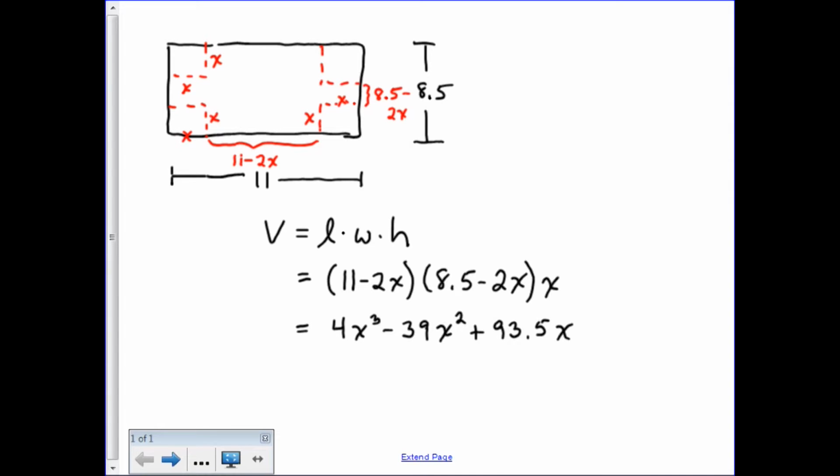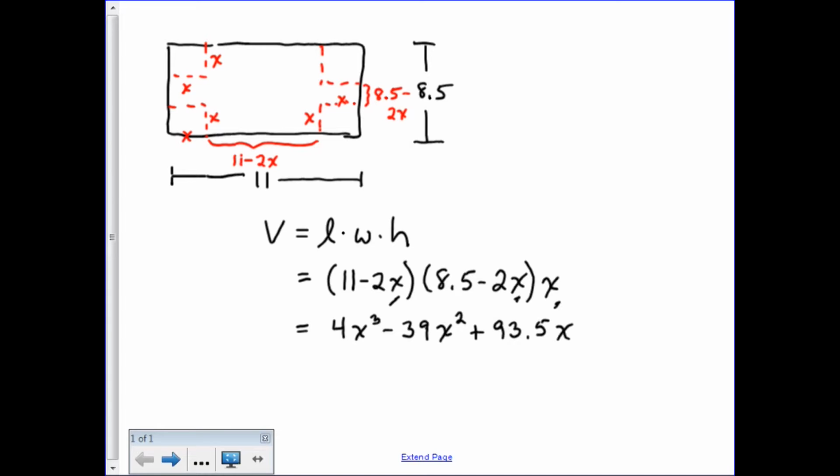Obviously, there's 3 x's. That's why it comes out as a cubic equation. This also explains why we measure volume in cubic units, because it is a cubic three-dimensional figure. We have a length, a width, and a height. So that's why we have a cubic equation now.